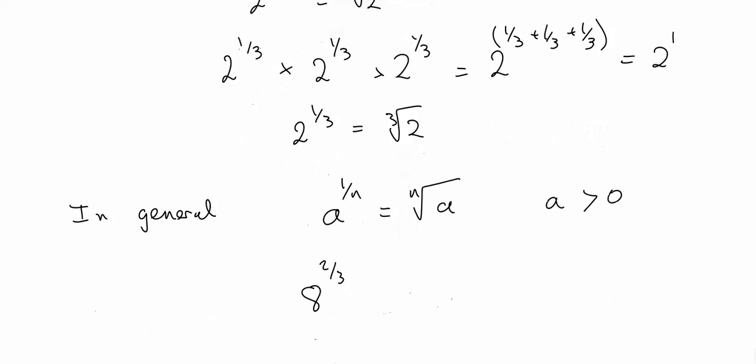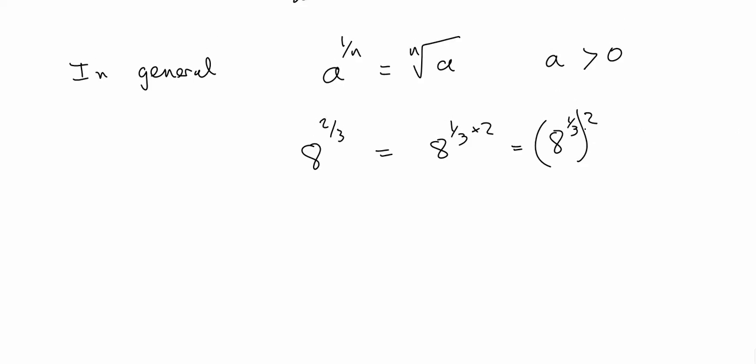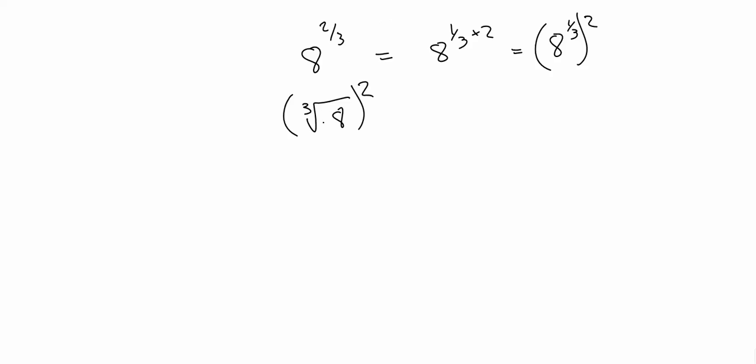So a to the 2/3 we might write as a to the third times 2, or 8 to the third, by the rule, squared. We know that 8 to the third means the cube root of 8, so that would be the cube root of 8, squared, and that is what we would mean by 8 to the 2/3.